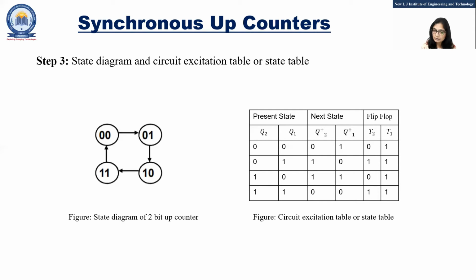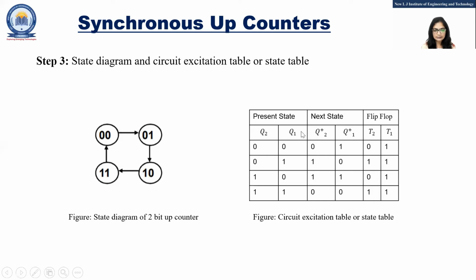That's why I have written 2 present states, 2 next states, and 2 inputs, I mean T1 and T2. So for T1, here Q1 and Q1 plus.